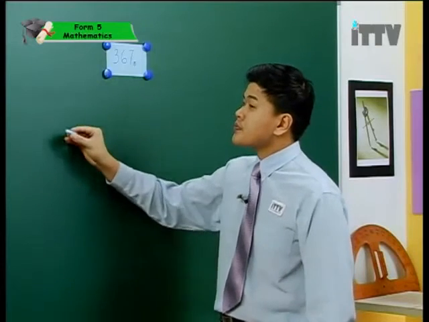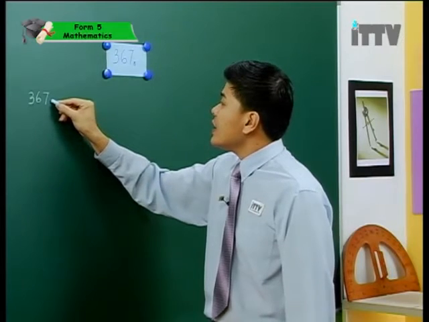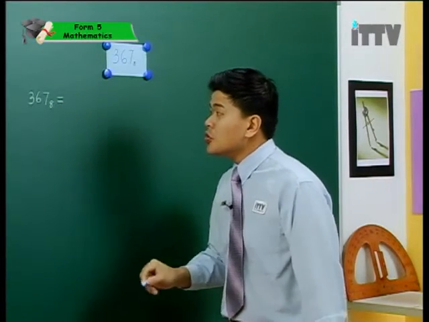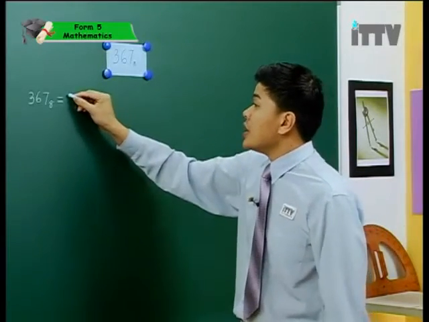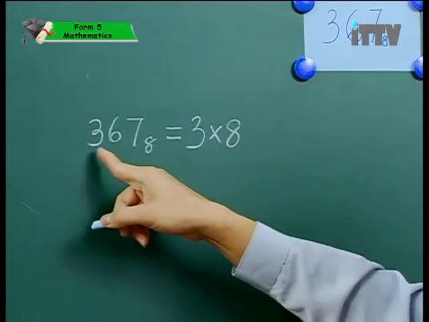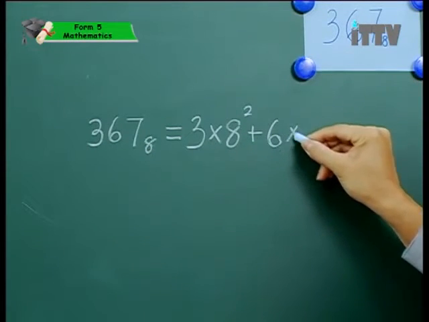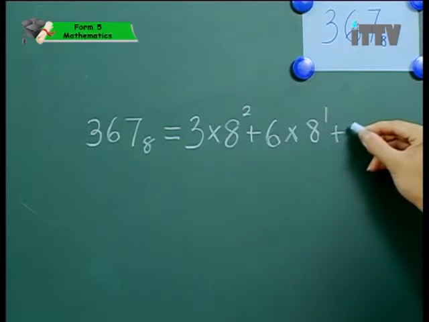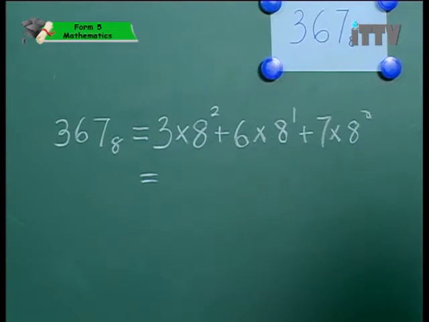So 367 in base 8 is equal to, in expanded notation, 3 multiplied by 8 to the power of 2, plus 6 multiplied by 8 to the power of 1, plus 7 multiplied by 8 to the power of 0. We have to sum it up because that will give us the number in base 10.